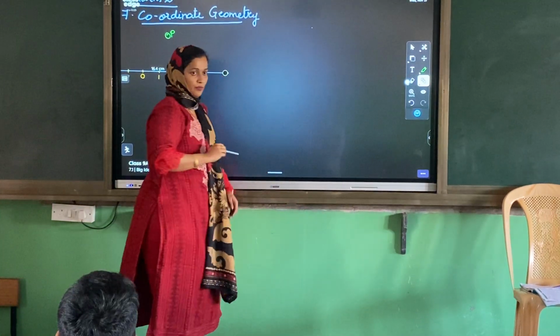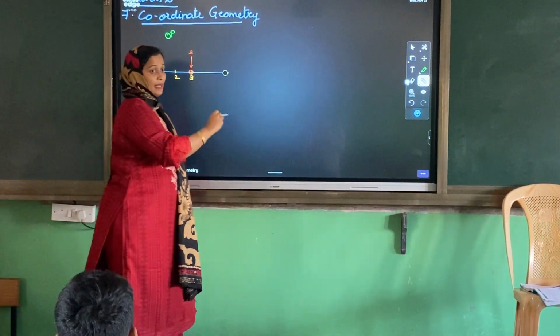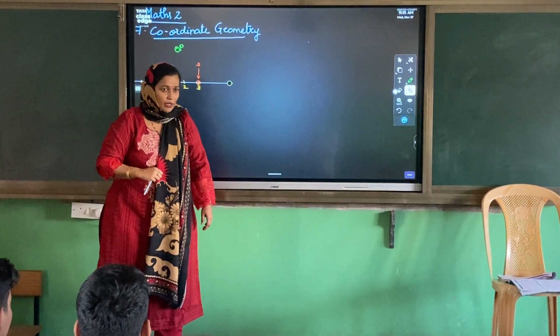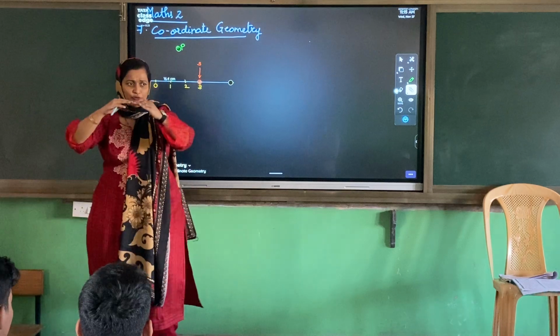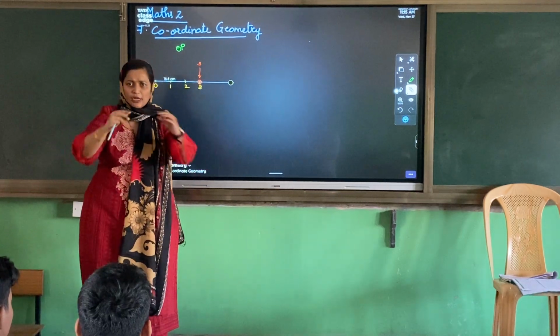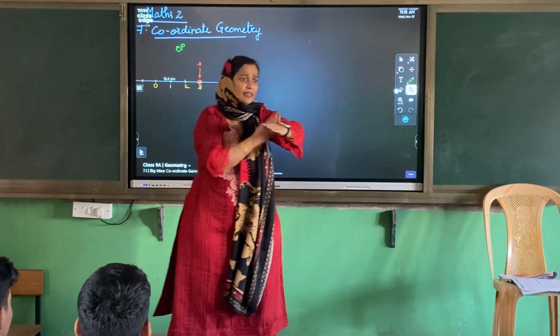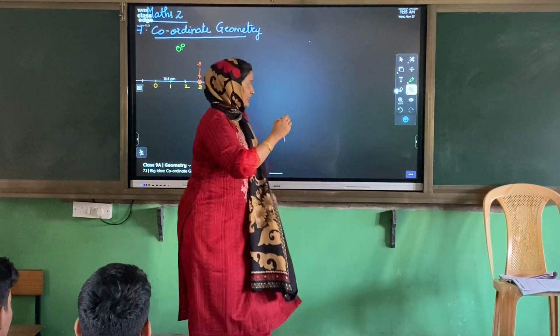Here, to mark the point P, we require 2 lines on a graph paper. That is called the x-axis, which forms a horizontal line. There are basically 2 lines. One is the x-axis, which is horizontal, and the other is a vertical line, called the y-axis. So let us mark.